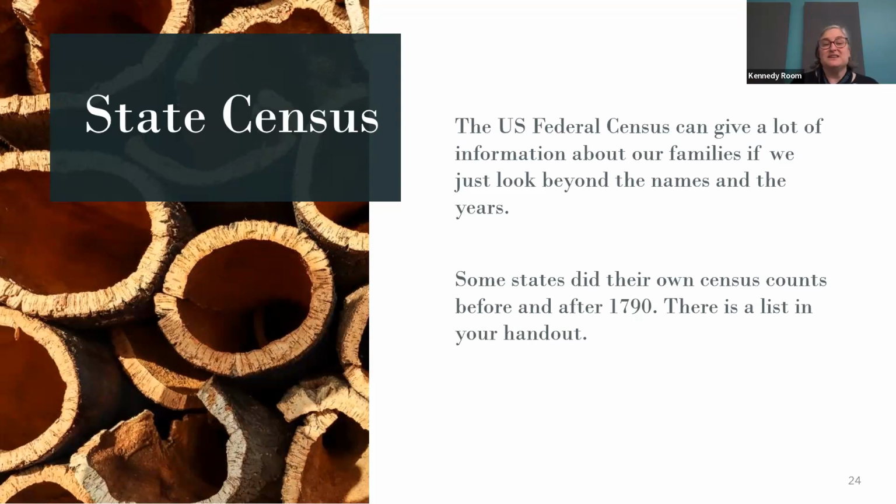Virginia just really didn't do them after the 1624 census. So your mileage will vary depending on place. Kansas did censuses from 1855 when they were a territory, and then all the way up until 1925 on the 5 years. They're not as detailed as the federal censuses, but they at least can fill in some of the blanks, help you know within a 5-year range when someone moved one place or another.